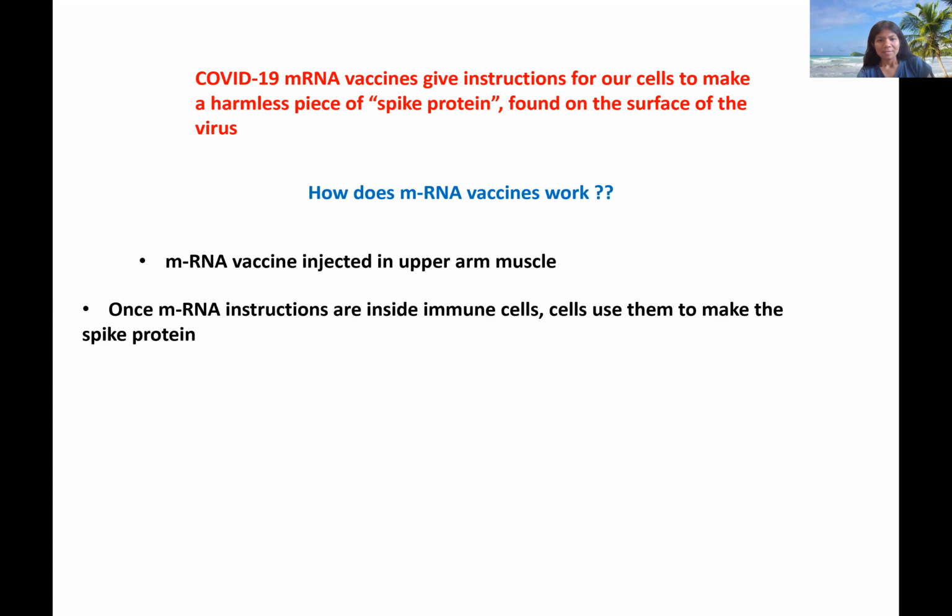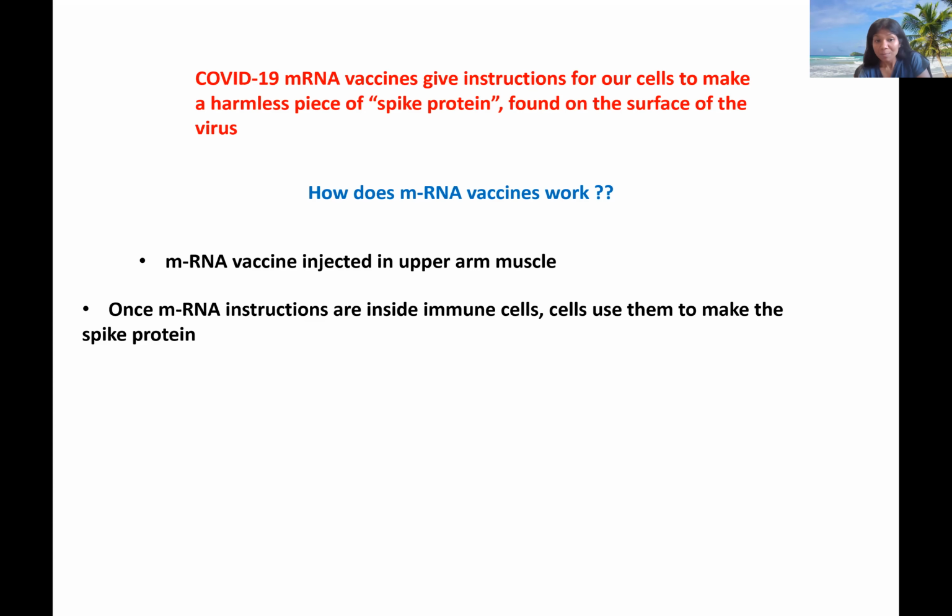Then the messenger RNA instructions go inside your cells, and the cells read those instructions and use them to make a spike protein that is a similar analog of the spike protein found on the surface of the virus.